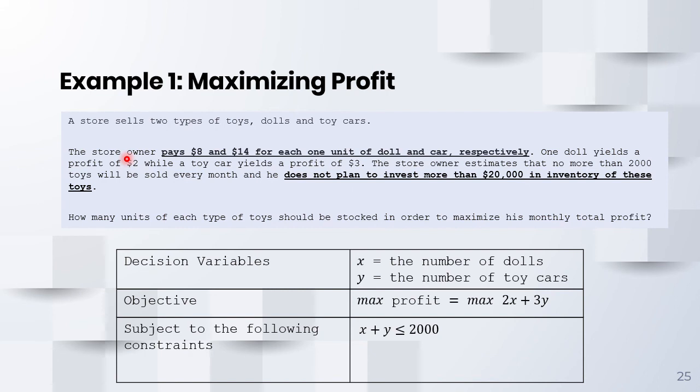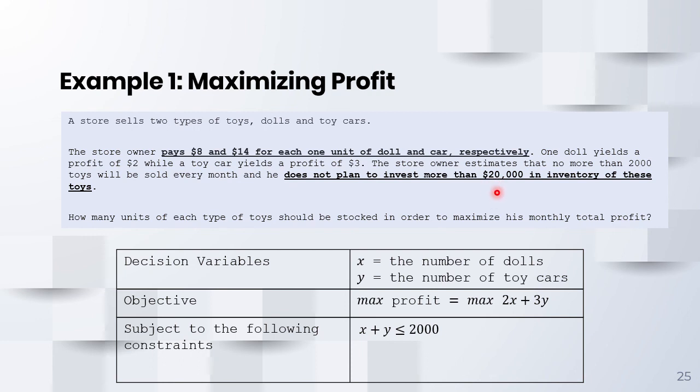In that case, the store owner will pay 8x plus 14y. However, 8x plus 14y should not exceed $20,000 because the store owner does not plan to invest more than $20,000.